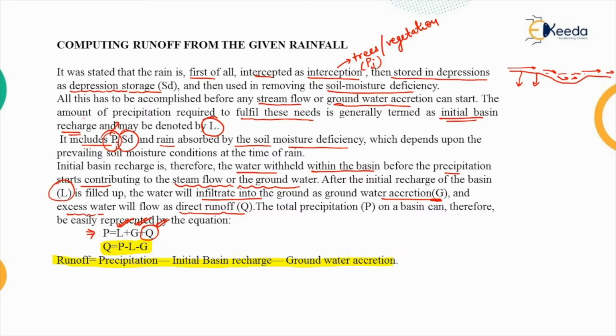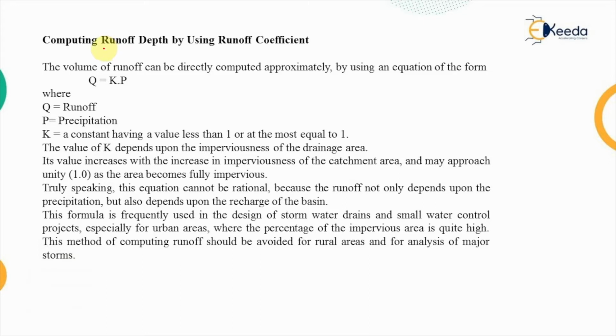Moving on to the next one, that is the calculation of the runoff depth by using the runoff coefficient. That means the volume of the runoff, that is, in how many cubic meters the water has fallen and how much of that water is contributing towards the runoff, is calculated approximately by using an equation of the form Q is equal to Kp.